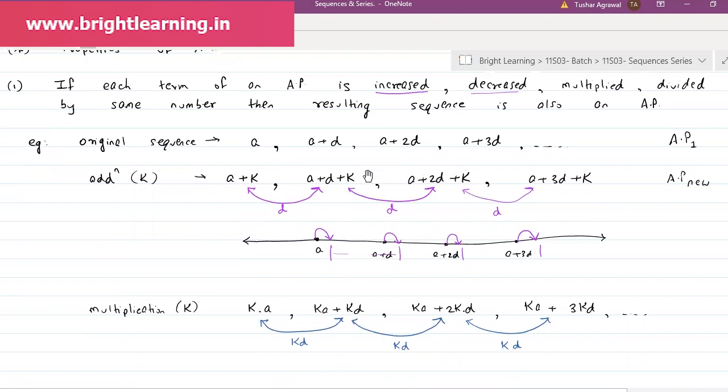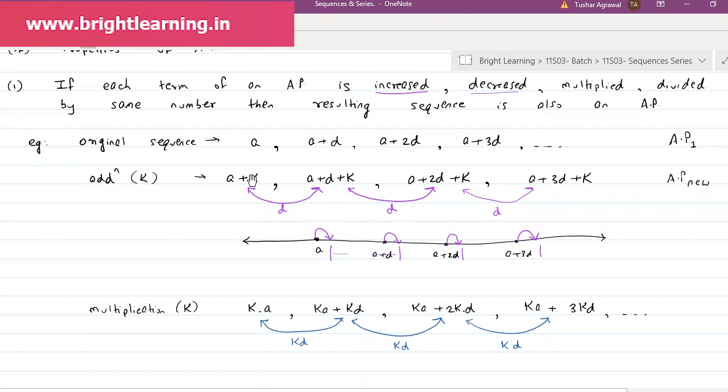Geometrically, on the number line, if you want to visualize it: in an arithmetic progression, we know that the terms are equally spaced points on a number line. So A, A plus D, A plus 2D, A plus 3D, A plus 4D, A plus 5D, and so on. These points are placed such that the distance between the terms is D only.